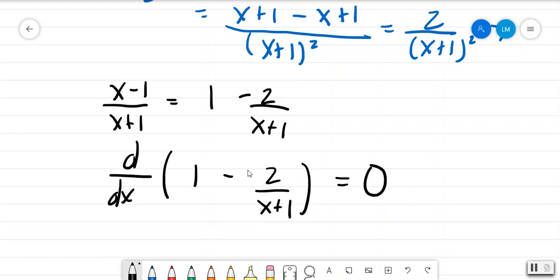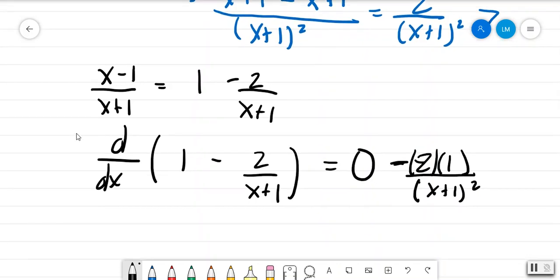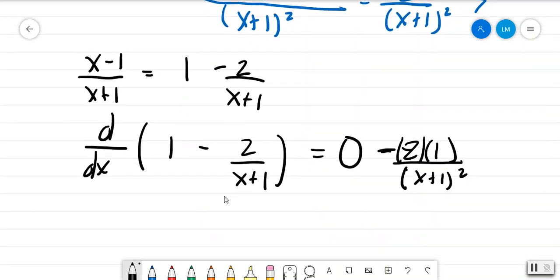But then using the reciprocal rule, we'll find that you'll end up with -2 times 1 divided by, and it's a double negative, isn't it? Yeah, so it's positive 2 divided by x plus 1 to the second power, which is still the same.